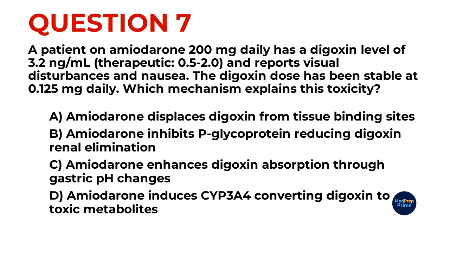Option A, amiodarone displaces digoxin from tissue binding sites. Option B, amiodarone inhibits P-glycoprotein, reducing digoxin renal elimination. Option C, amiodarone enhances digoxin absorption through gastric pH changes. Option D, amiodarone induces CYP3A4, converting digoxin to toxic metabolites.